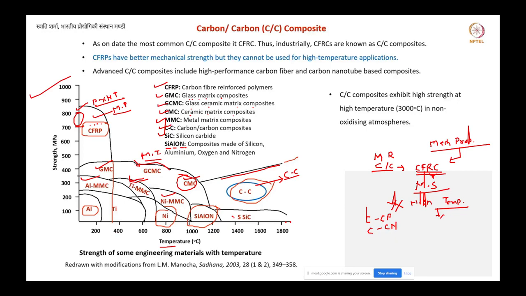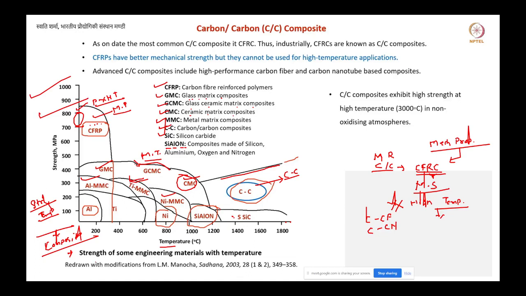So this diagram will help you to find out the composite as per your requirement, what strength you want and till what temperature you have to expose this material. On the basis of these two properties, you can choose the material from this diagram, which material can be suitable for your application.